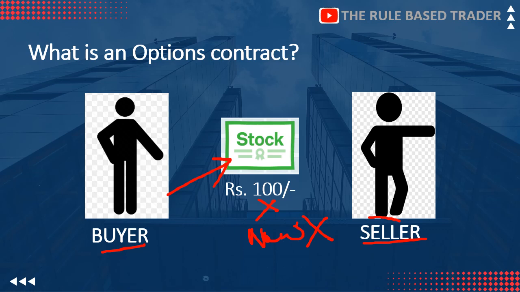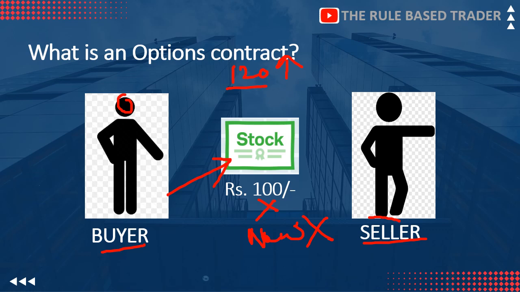You may ask, why would the buyer want to buy at a higher price, 120 rupees, 5 days from now when it is available now at 100 rupees? It's because the buyer thinks that the stock will be valued more than 120 rupees 5 days from now, which can be 130 rupees, 140 rupees, 150 rupees, 200 rupees, or anything above 120 rupees.